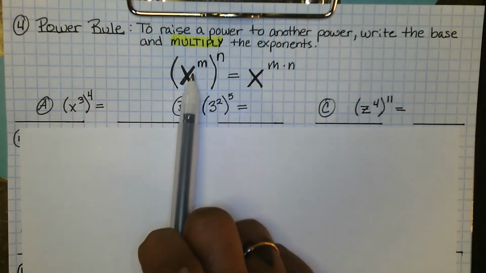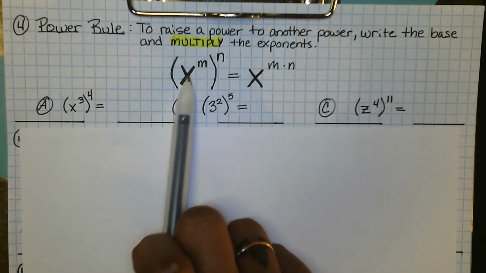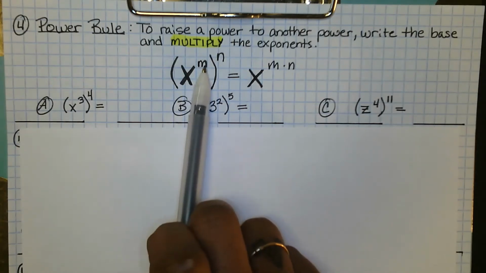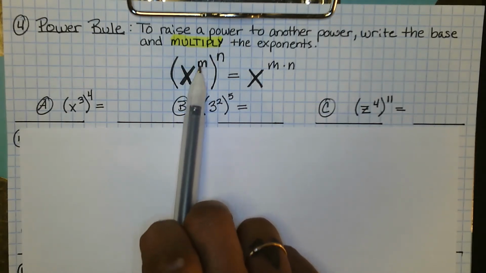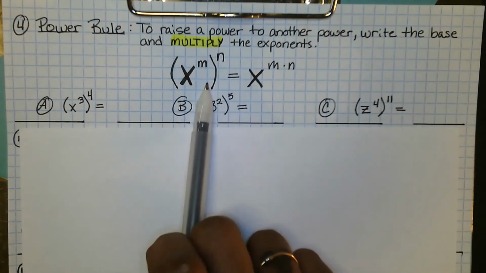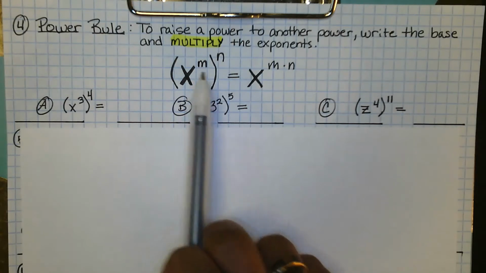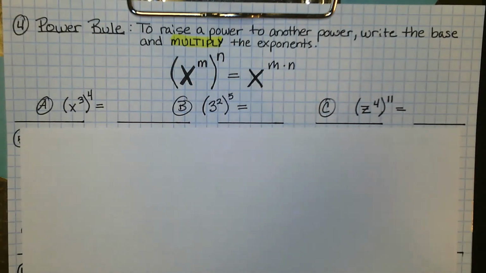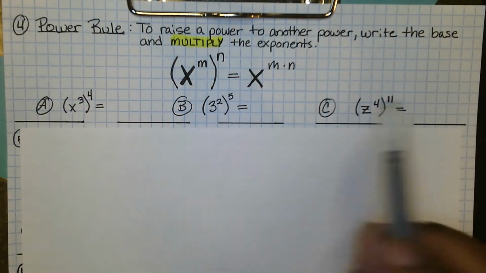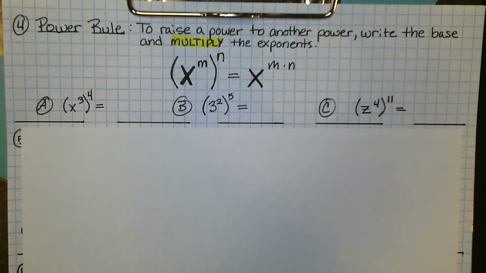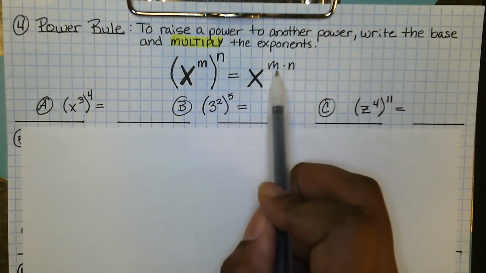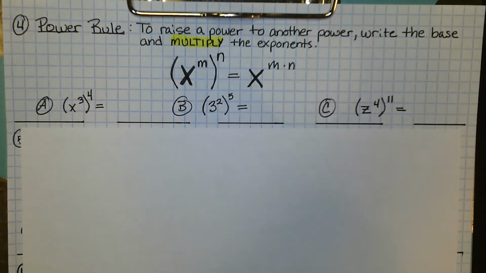So if you notice here, we have our base, some number, raised to an exponent inside of parentheses, and we have another exponent on the outside. That's raising a power to another power. So what we're going to do is keep the base, but we're going to multiply the two powers.